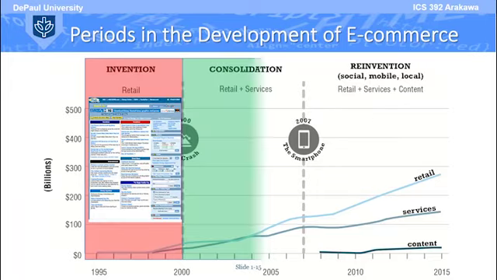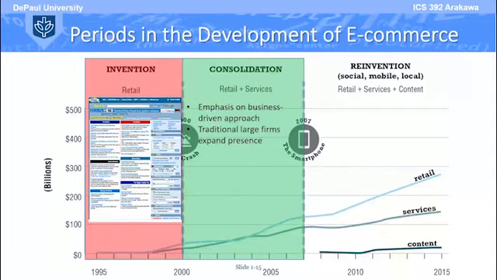So that really thinned out the amount of players, and that led to the consolidation phase, and that's where we have retail, and then we added services. The emphasis here was on let's get back to basics. Let's make sure we're running a business and sound business practices, making sure we were running a good business first, and then taking advantage of the technology secondly.